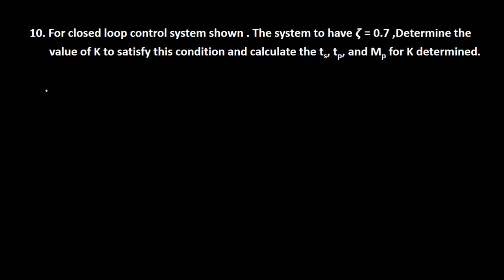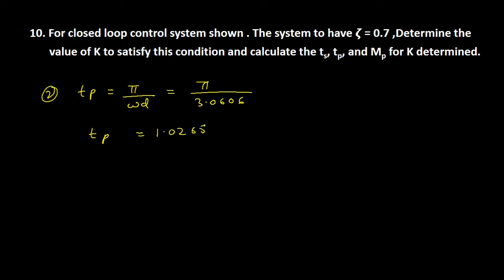Now we will find out the peak time Tp. Tp is equal to pi upon omega d. When we put the values, we will get pi divided by 3.0606. When we solve this, peak time will be equal to 1.0265 seconds. So this is the value of peak time we are getting.